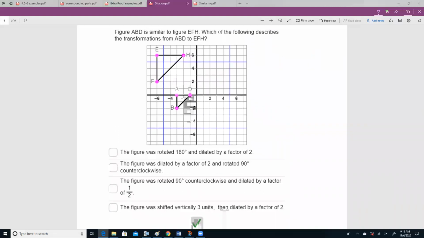Figure ABD is similar to EFH. Which of the following describes the transformations of ABD to EFH? Okay, now we're going from ABD to EFH.